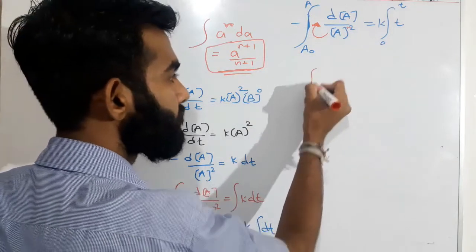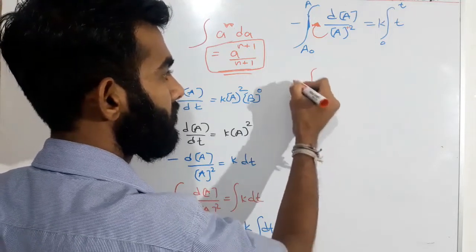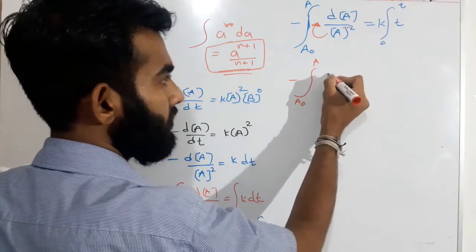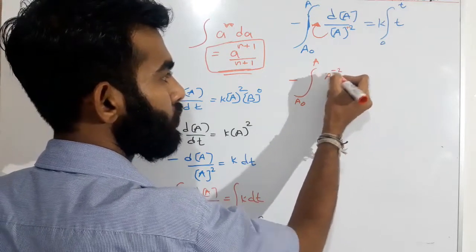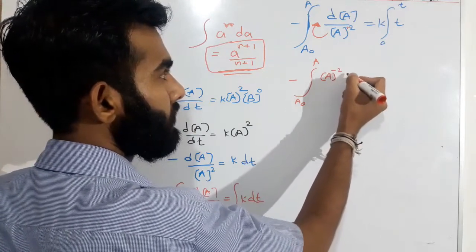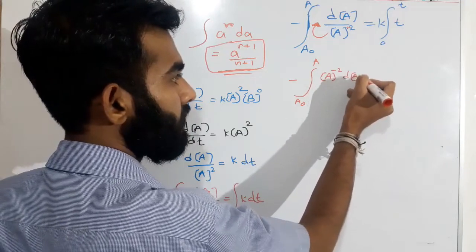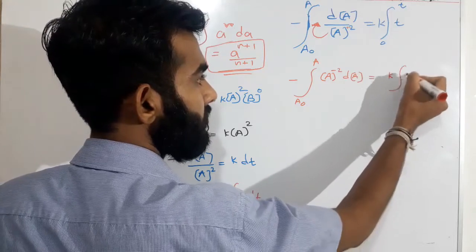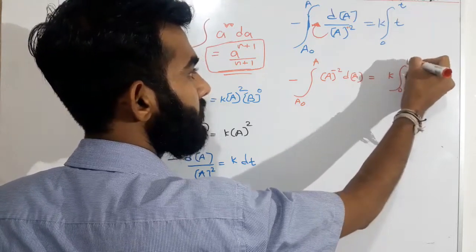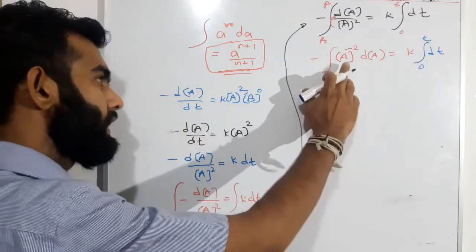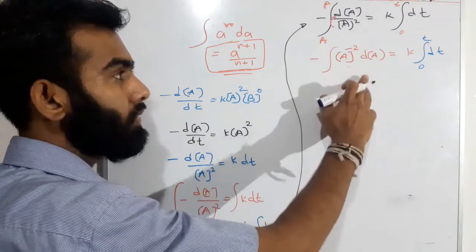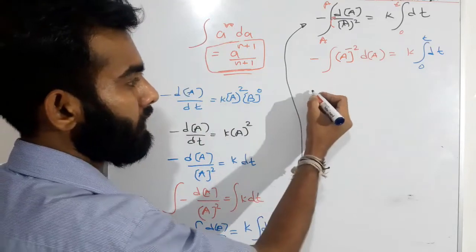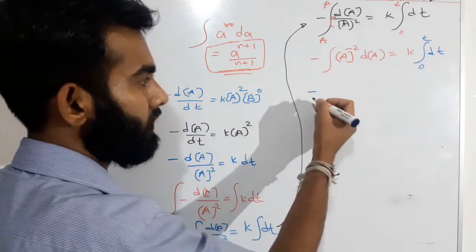Likewise this, here negative, here a to the power minus 2 with respect to dA equal to K, 0 to t. Okay. A to the power minus 2. However, it is minus. We can introduce this power rule, minus sign.